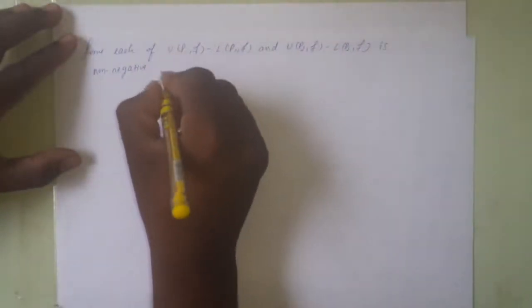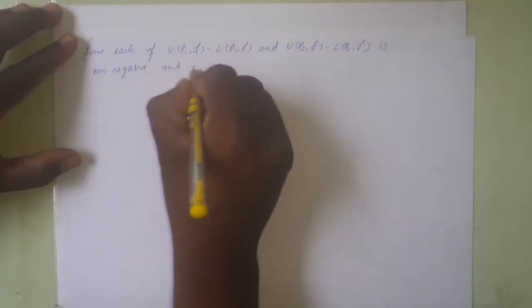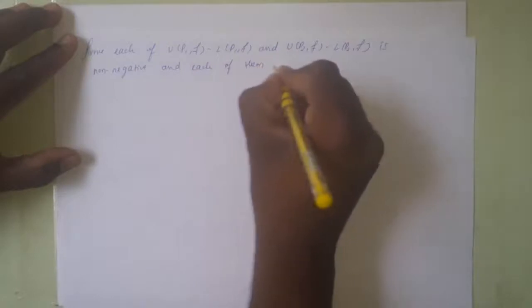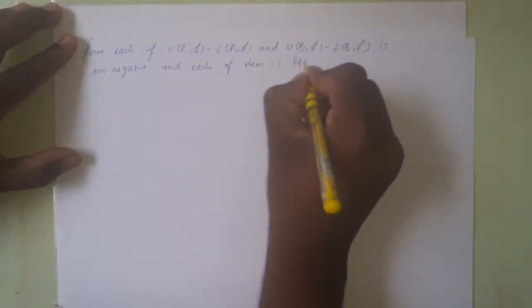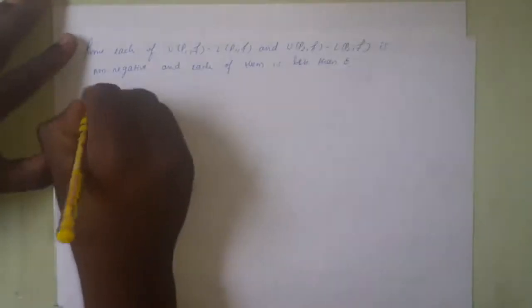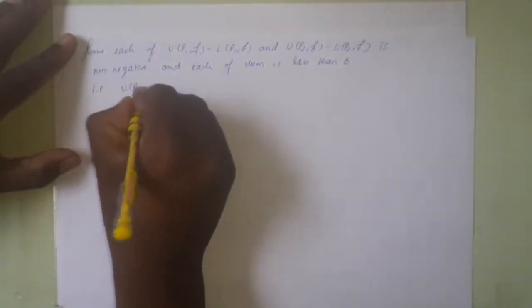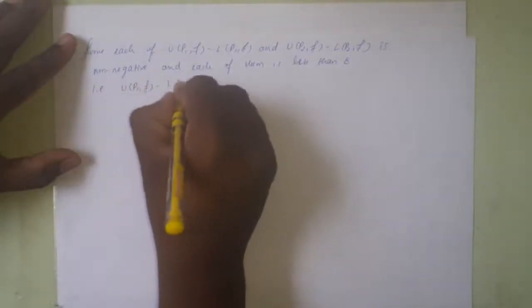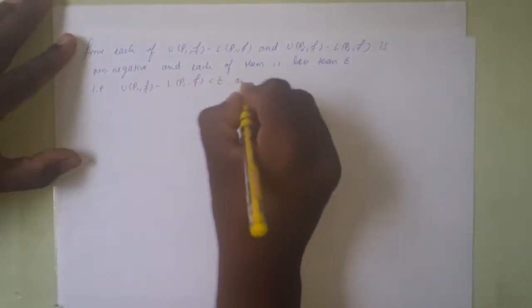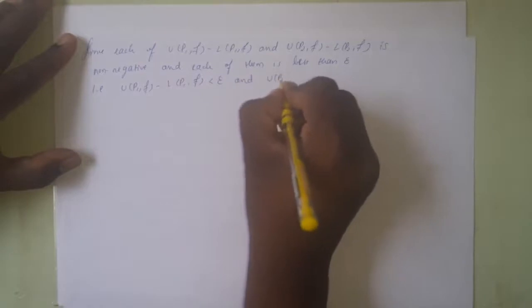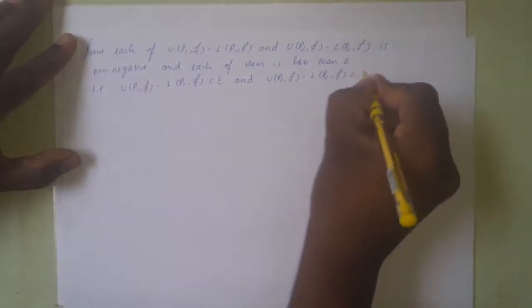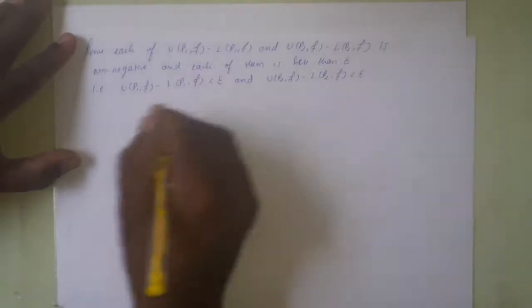and each of them is less than epsilon. So, that is U P1 F minus L P1 F is less than epsilon, and U P2 F minus L P2 F is less than epsilon.